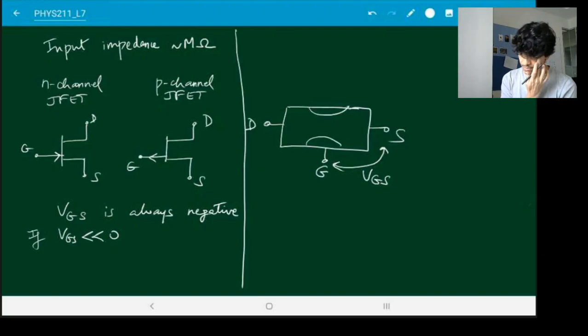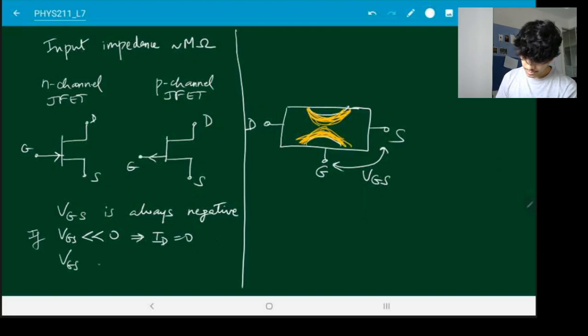Now if VGS is very negative, then the depletion layers between the P and the N expand, and at some point this gets pinched off. So then no current can flow between the drain and the source. You have switched off all the drain source current. So if this happens, then ID becomes 0, and we say that we have gone into cutoff. But if VGS is 0, then these depletion layers are the smallest, and so ID becomes maximum.